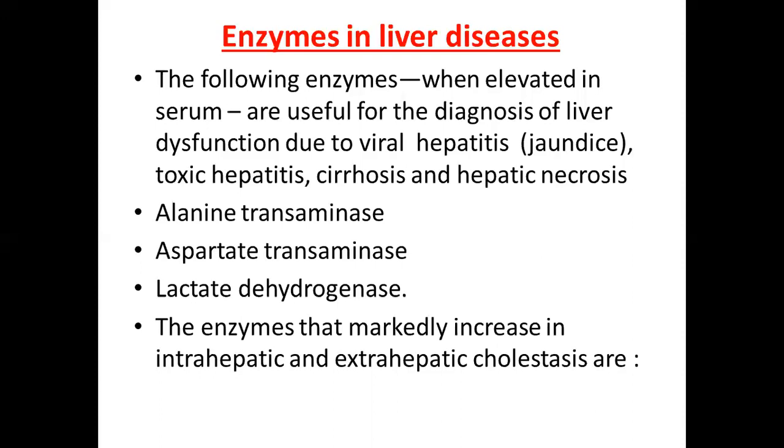What will happen in hepatic necrosis? It resembles an acute or toxic injury to the liver, which may be sudden, and it's responsible for the marked elevation in certain aminotransferase enzymes.